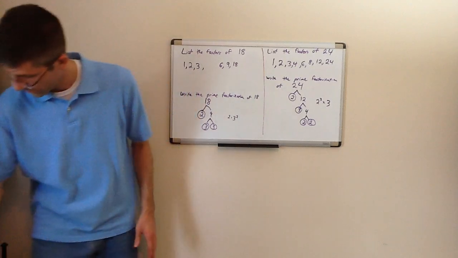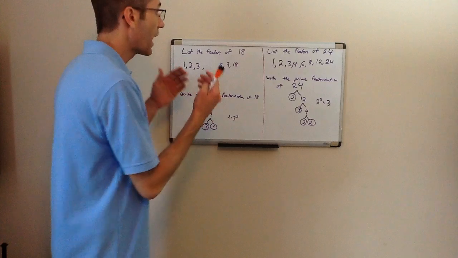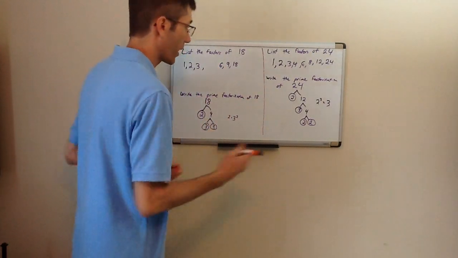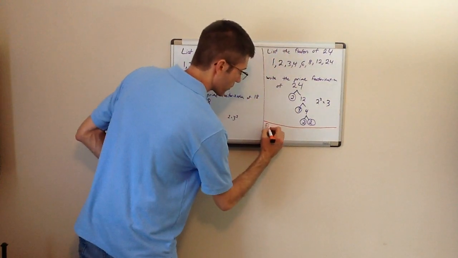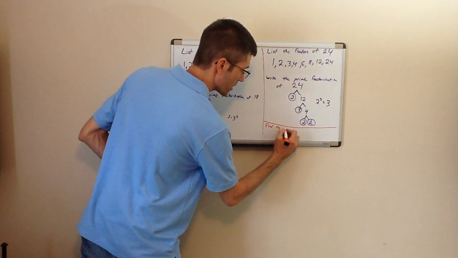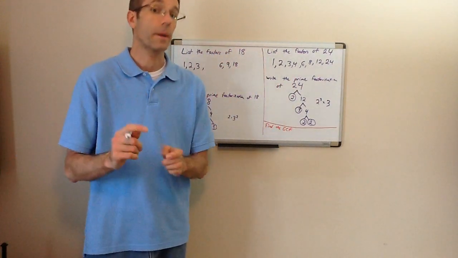We're going to find the greatest common factor between 18 and 24. I don't have much space. I'm going to squeeze it in down here in this tiny little space. So find the GCF between 18 and 24. Okay, here's the easy way.